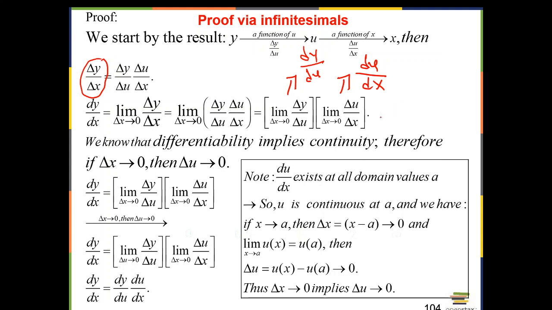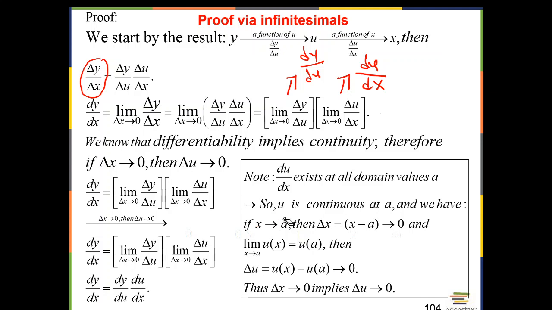Remember, if a function is differentiable at a point, for sure it's continuous. But not the other way around. If it's continuous at a point, that doesn't mean it's differentiable. But if it's differentiable, for sure it's continuous. So u is continuous at a, where a is a domain value of u, right?